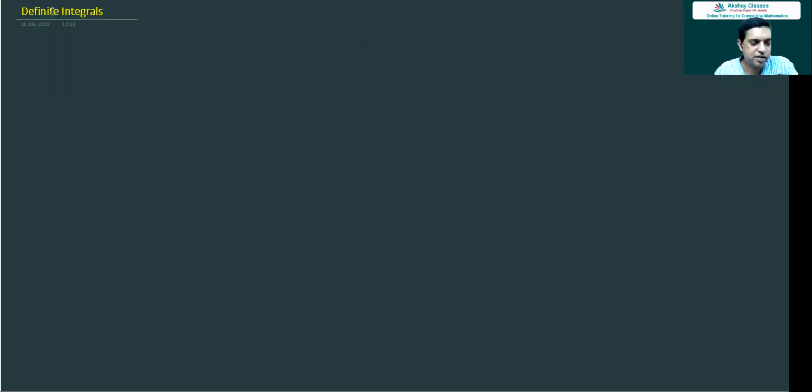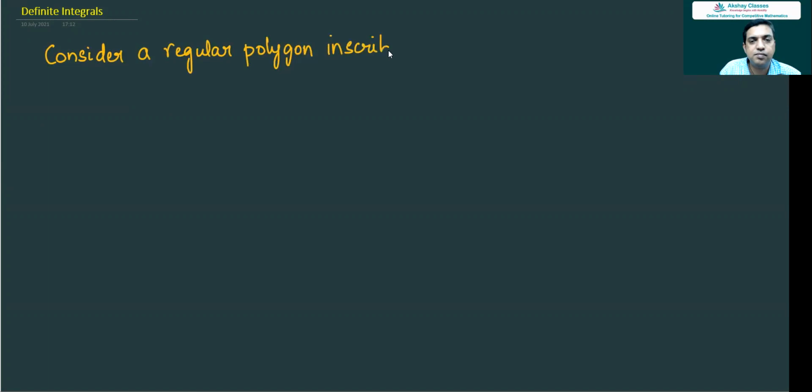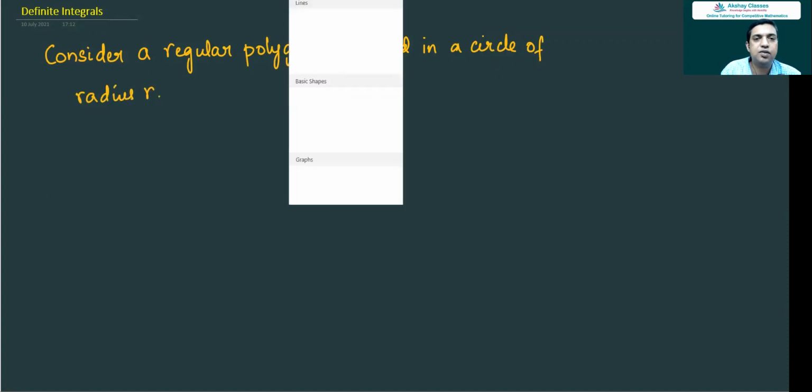To understand the definite integral, first, let us consider a regular polygon inscribed in a circle. Circle of radius r. Okay, so let's consider a circle.